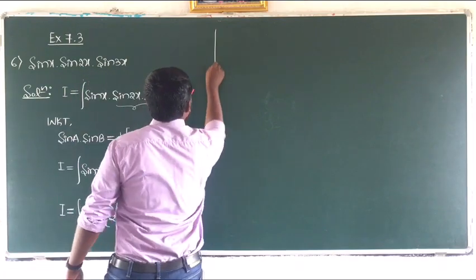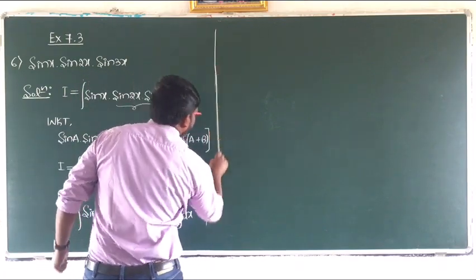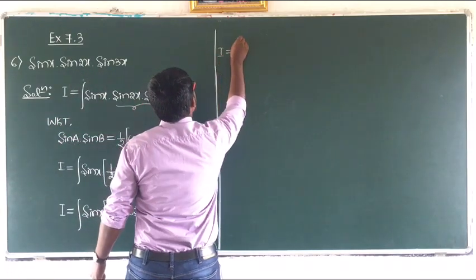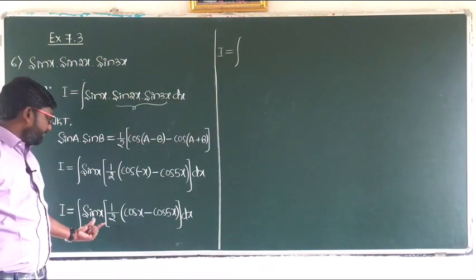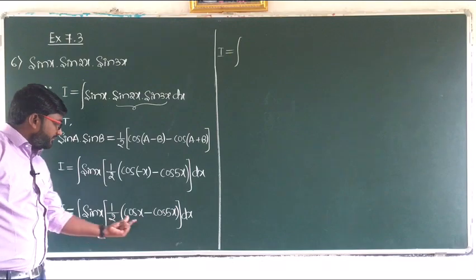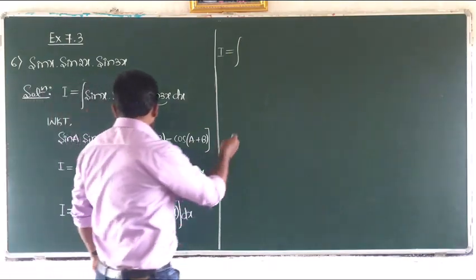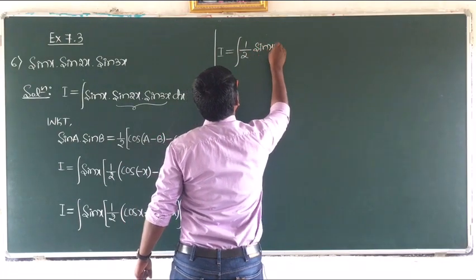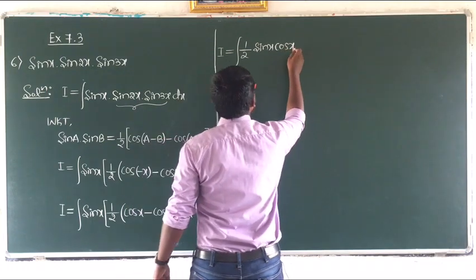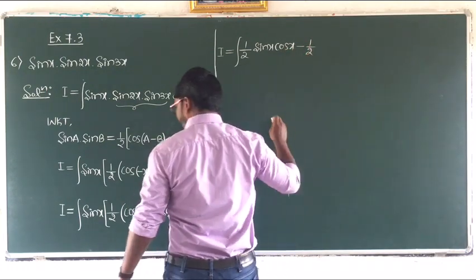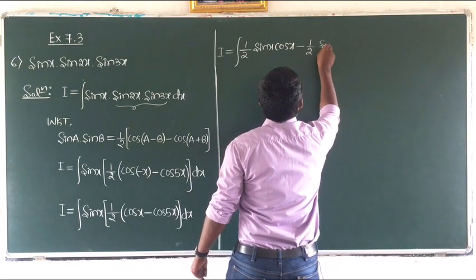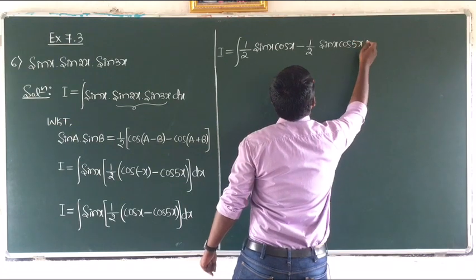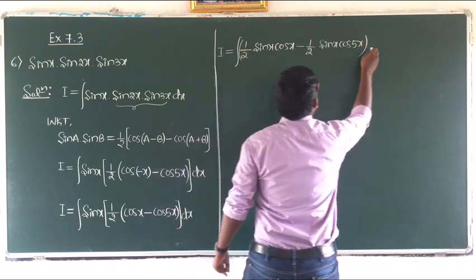So now I, which is equals to integral. Now we have to multiply sin x and 1 by 2 with these two terms. So here we get 1 by 2 sin x cos x, then minus 1 by 2 sin x into cos 5x, then dx.